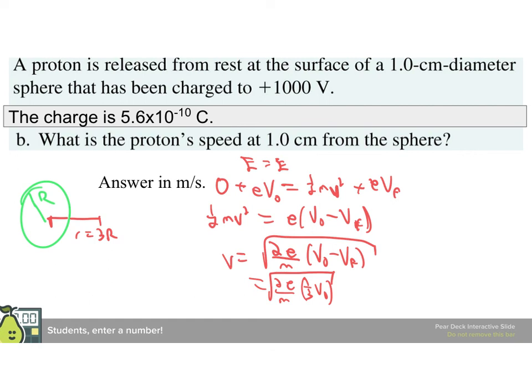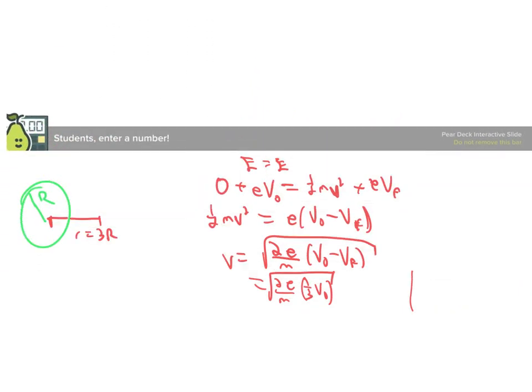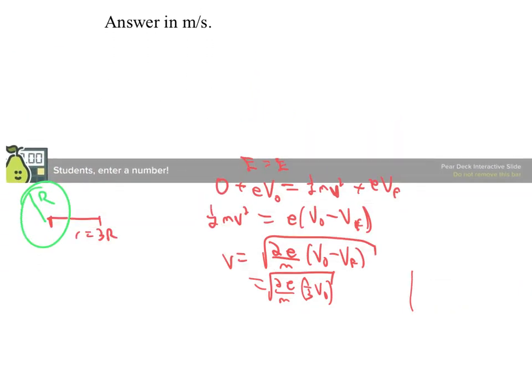Of course, we need to actually know these values. Let's see if we can clear out some room. Not easily. All right, we'll go up there and do that. So the velocity is 2 times the proton charge, 1.6 times 10 to the minus 19 coulombs, over the proton mass, 1.67 times 10 to the minus 27 kilograms.